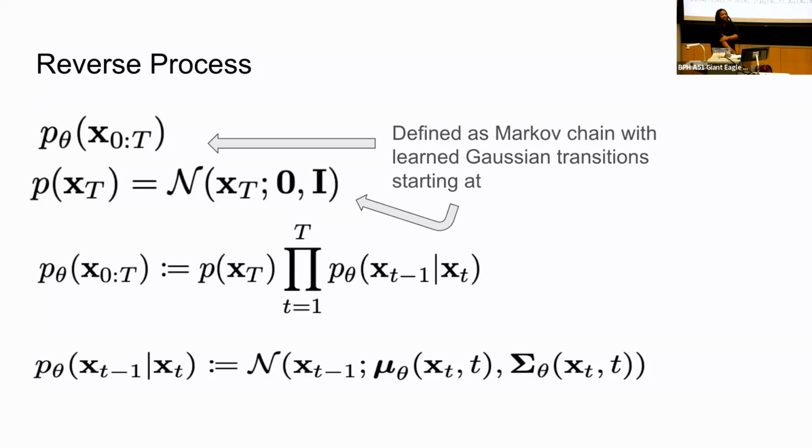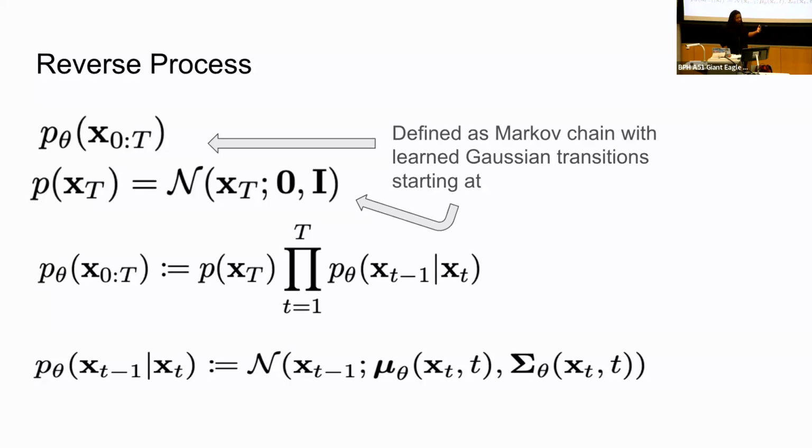Now, the interesting thing here is that our mean and our variance are functions that we have to learn. Now, in this paper, in DDPM, they actually set the variance to be constant and just learn the mean.